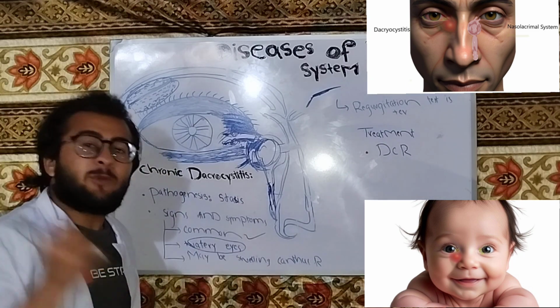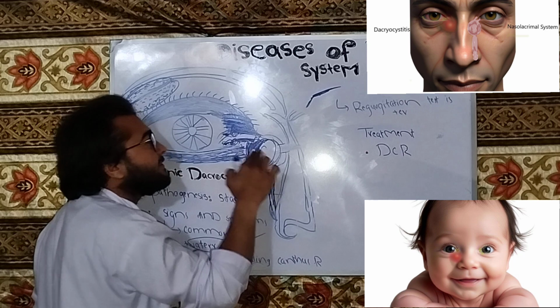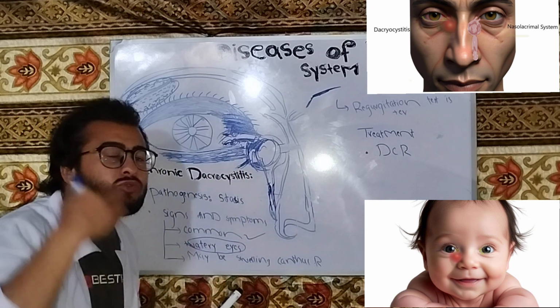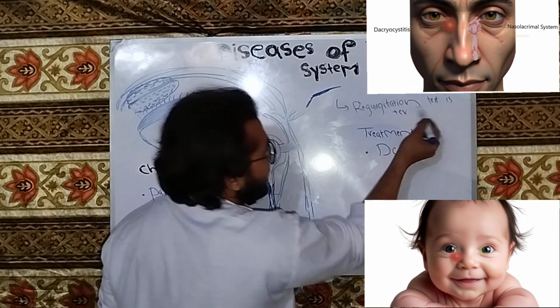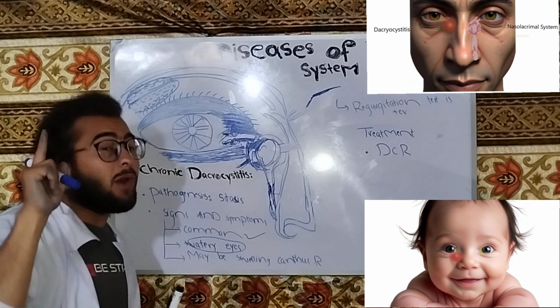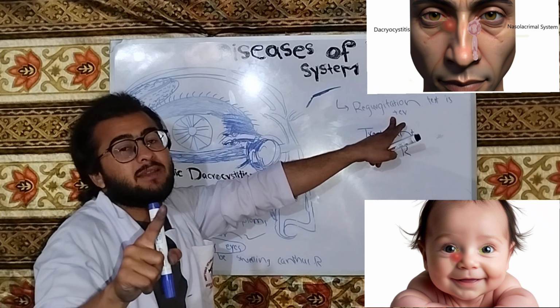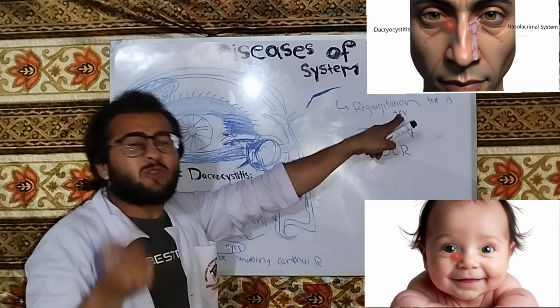If we perform the regurgitation test, if we press on the lacrimal sac, the pus, debris and discharge will come out through the punctal region. This is called the regurgitation test, and it is positive in chronic dacryocystitis. And I warned you that we will not perform this regurgitation test in acute dacryocystitis because of the tenderness and pain.